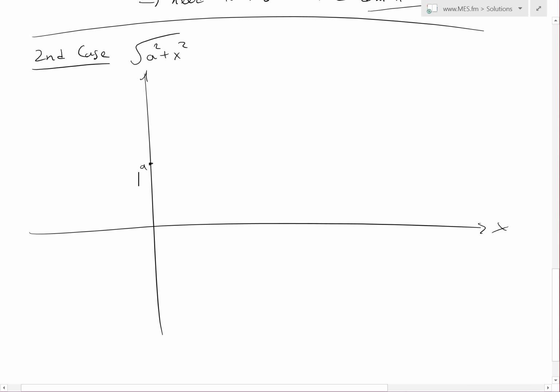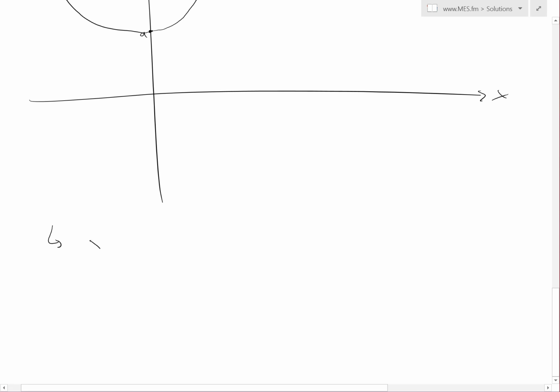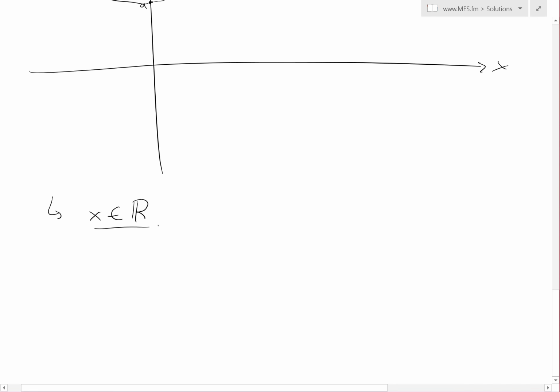So we get a right here, and since this is positive and this is x squared, anything you put in will be positive. This will basically look like a parabola that keeps going up and up, and in this case x is an element of all real numbers, so x can be basically anything.